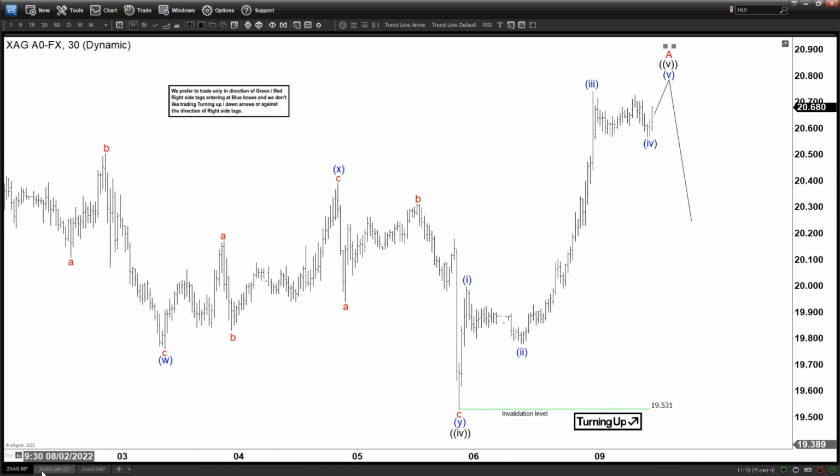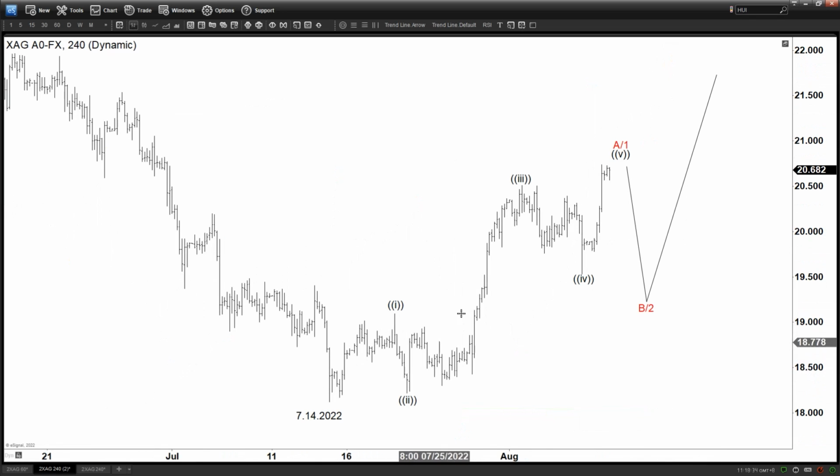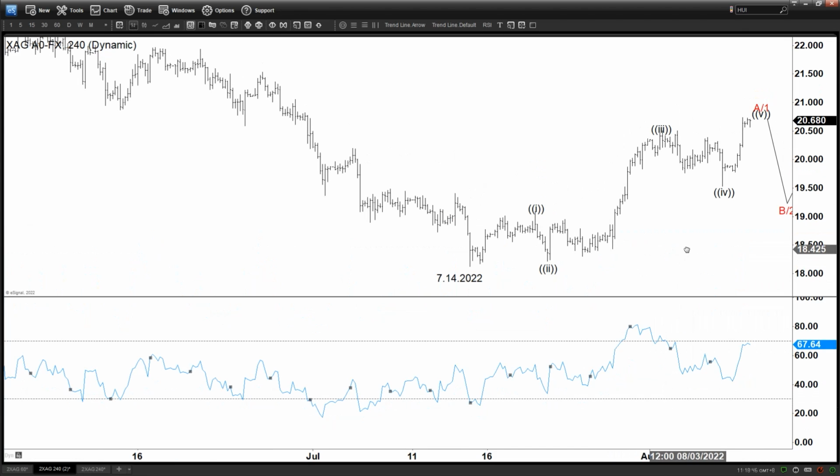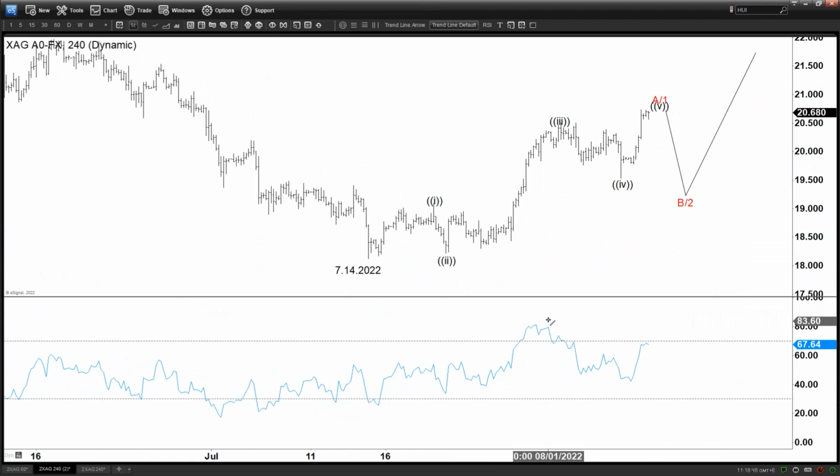But for now, our focus is to see the short-term path. Because of the 5 waves up, we can conclude that most likely we will see another leg up. Now another possibility here is the following. If you look at the RSI, as of today, we still see a divergence right now. So this 5 waves up still remains valid, right?